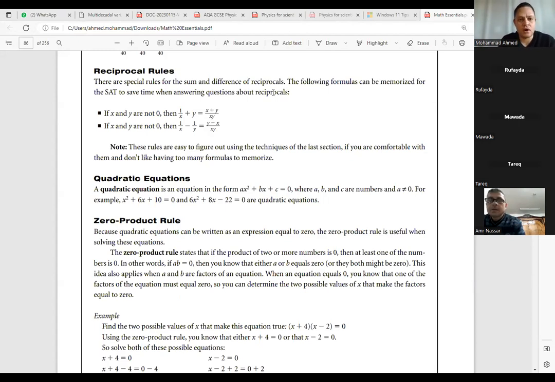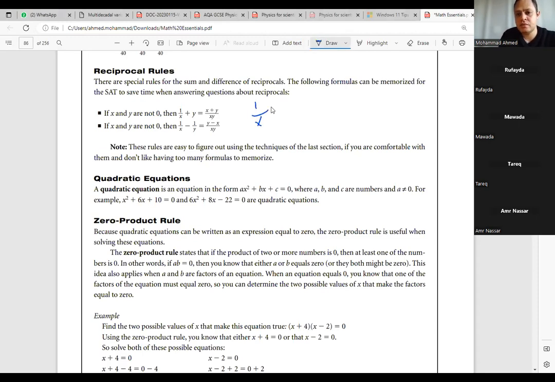If you have x and y, and x and y are not zero, so 1 divided by x plus y. How can you do this? So to make this operation, you have 1 over x. You see my screen, right? Do you have any problem with my screen before starting?